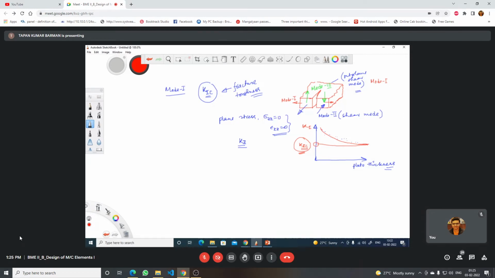It is independent of crack length, geometry or loading system. If we increase the plate thickness also, the material should not give a lower value than K1C for the particular geometry. So it is the material property of the component.